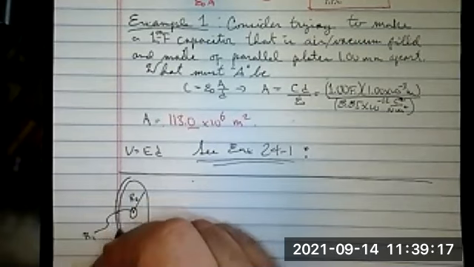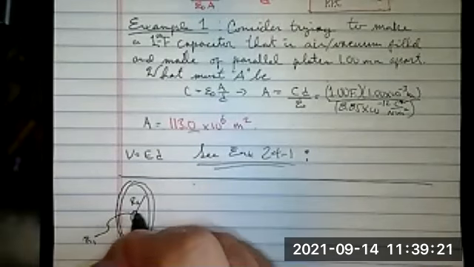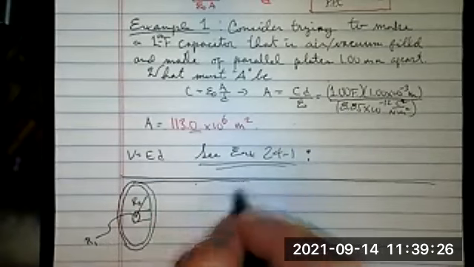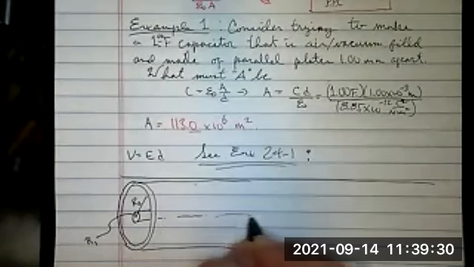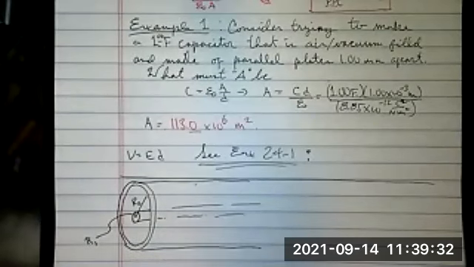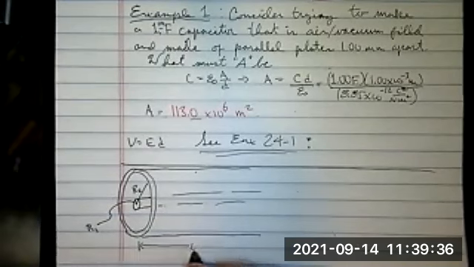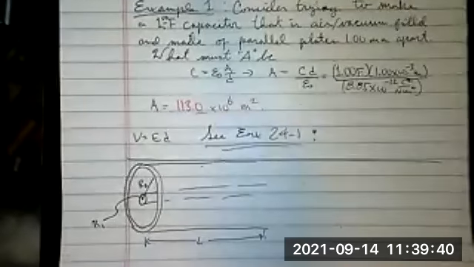And that's just a shell, so it's really, really thin. But it is a cylindrical shape, not a disc. So this thing you can sort of consider going on for infinity, like that, okay? But let's imagine just a length L of that capacitor, okay?